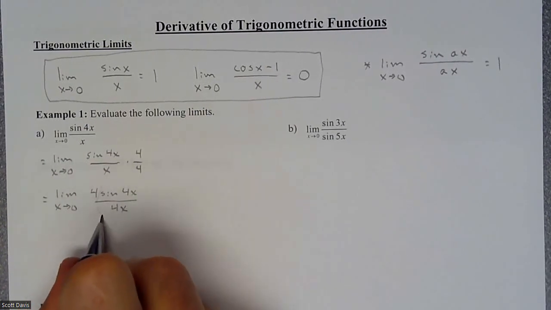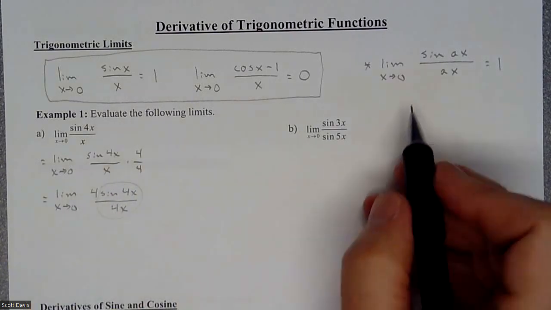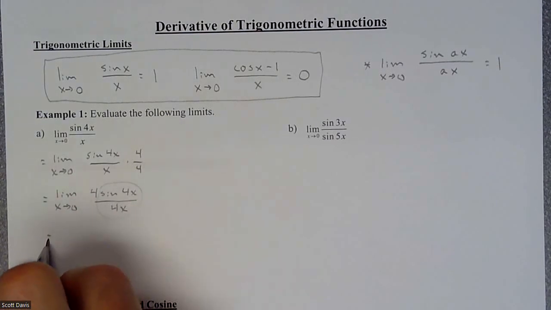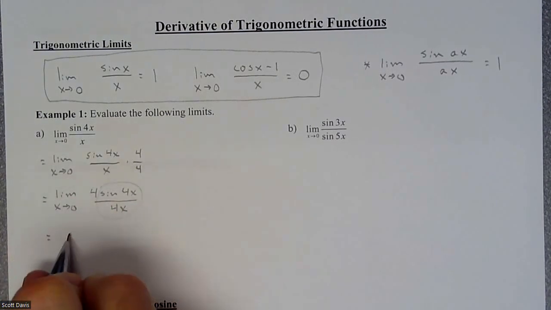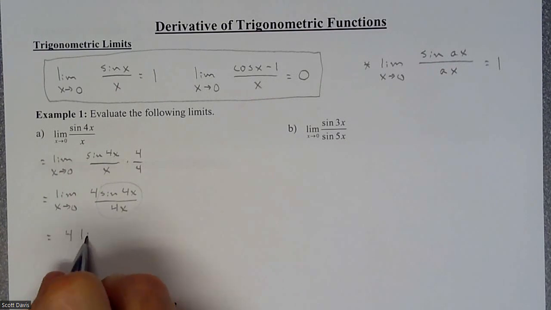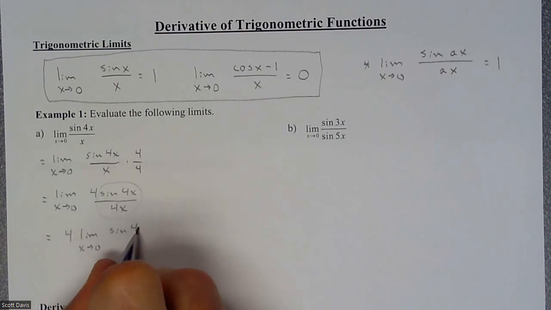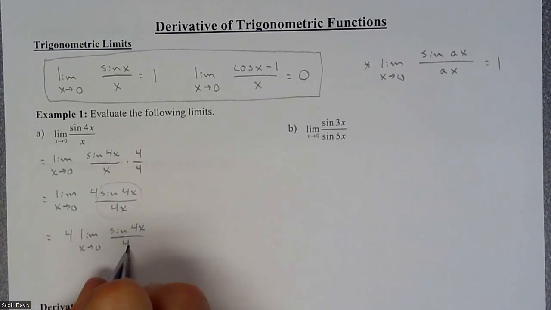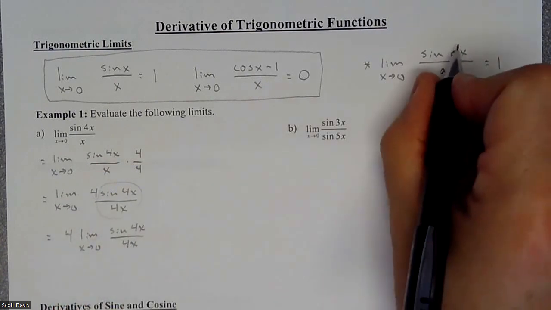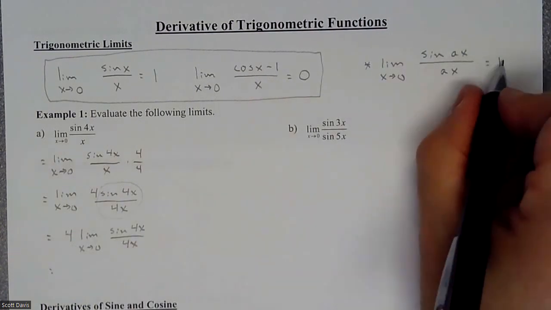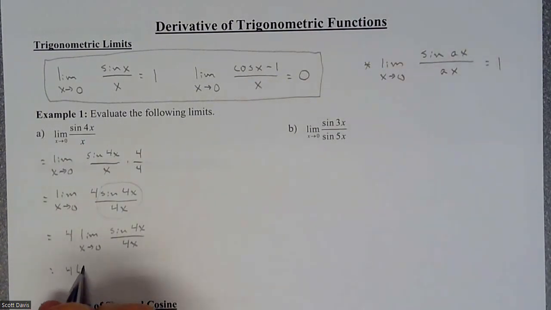And this is our piece that we wanted, right? Those values are matching. That thing is going to equal 1. So technically, we could pull this 4 out, and that way we can really see the property. You don't have to if you're comfortable with it, but you want to make sure you see all the pieces happening. So that equals 1. Now plugging the 0 in, we're getting 4 times 1, which is 4.